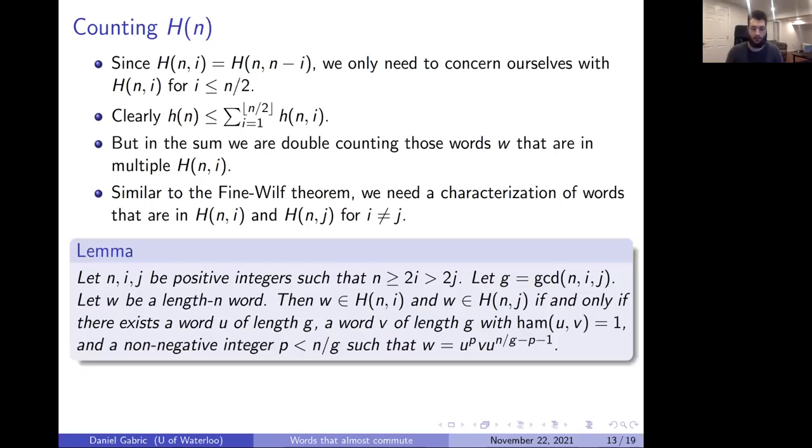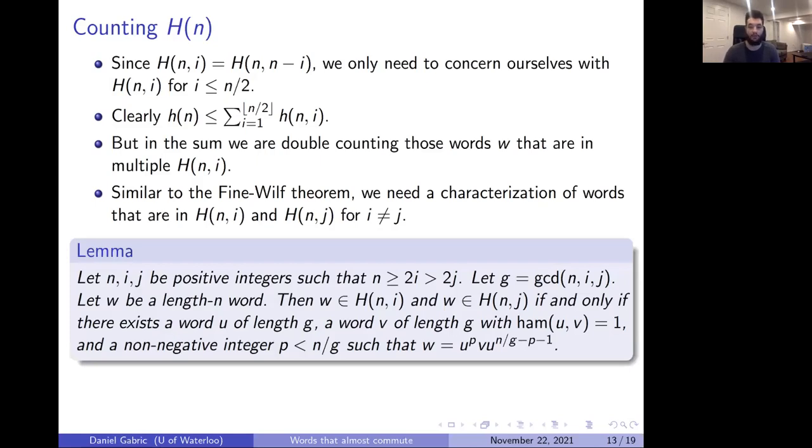So here is this result. Let n, i, j be positive integers such that n is greater than or equal to 2i, and i is greater than j. Let g be the greatest common divisor of n, i, and j, and let w be a length n word.